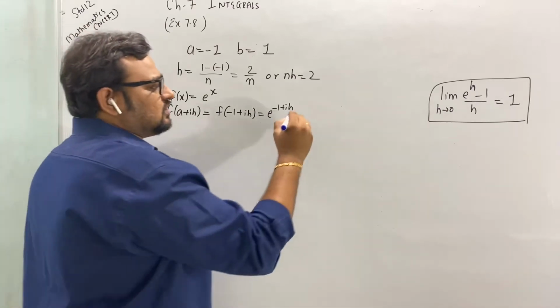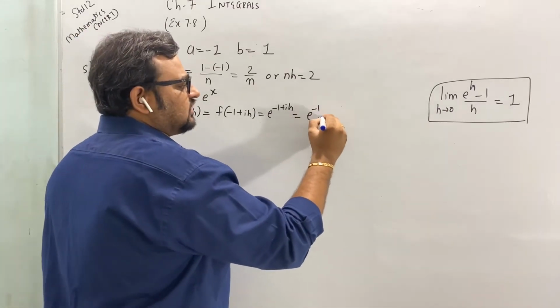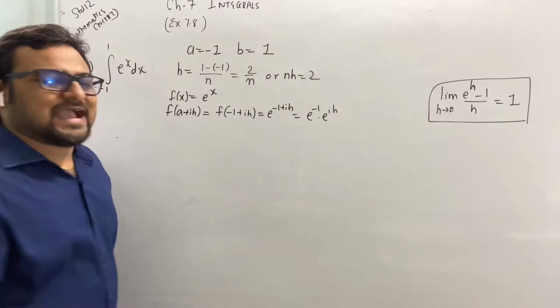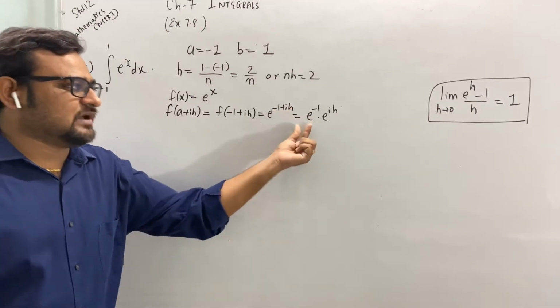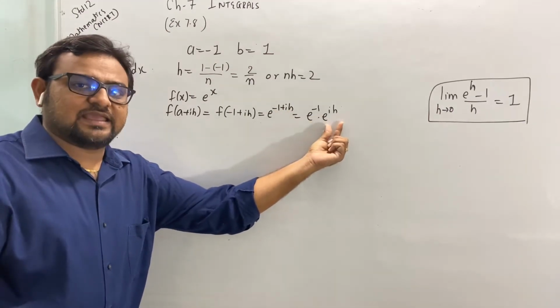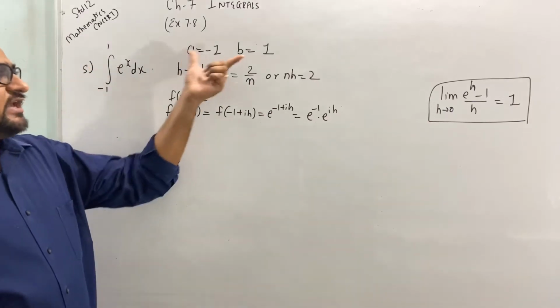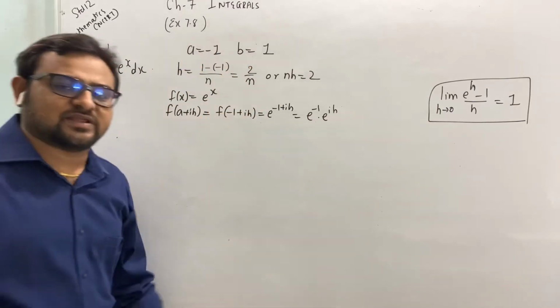This will be e raised to minus 1 into e raised to ih. I have just separated this. Clear? So this was a, b, h, nh, and f of a plus ih.